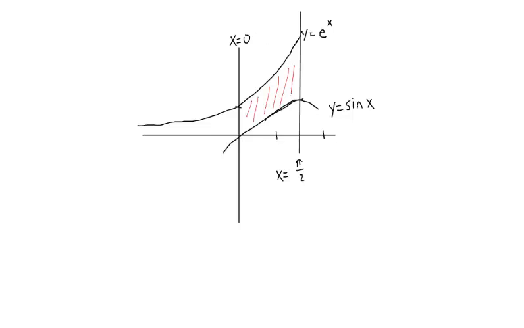And remember, whenever we use a vertical slice to look at this, we're going to do top curve minus bottom curve. So we have y is equal to e to the x being the top curve, y is equal to sine x being the bottom curve, and we're evaluating from 0 to pi over 2. So that's going to be our setup for this problem.